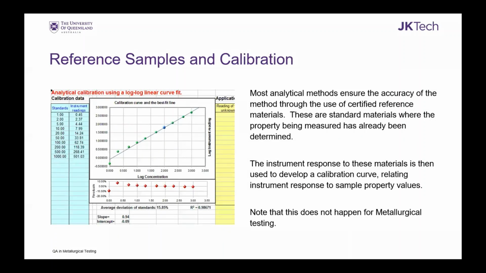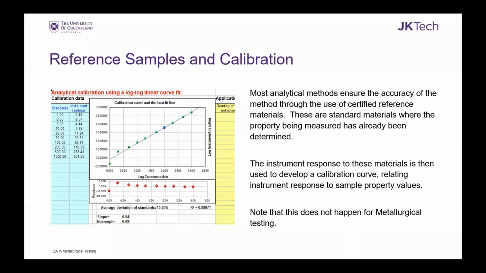Now, in terms of accuracy, accuracy being how close are you to that true value? How close are you to getting a result that is the true property value? Most analytical test methods ensure accuracy by using calibration.